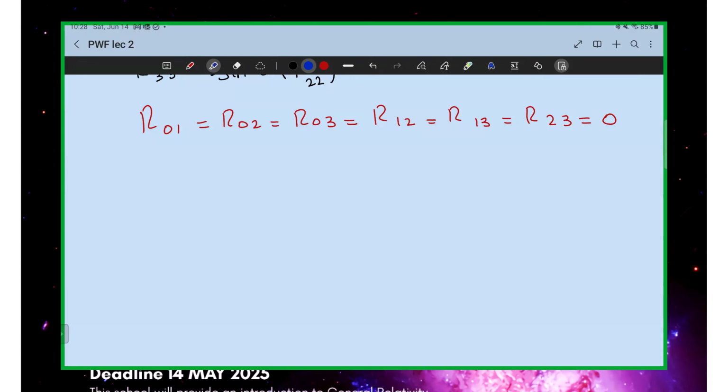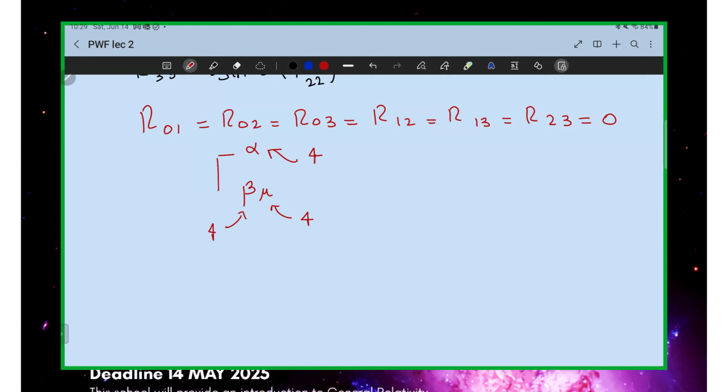So if you remember, the formula for the Ricci tensor involves Christoffel symbols, right? So in order to derive these Ricci tensor components, you need to derive Christoffel symbols. Now you may think that if you look at a Christoffel symbol, this component can attain four different values, then this component can attain four different values, and this component can attain four different values.